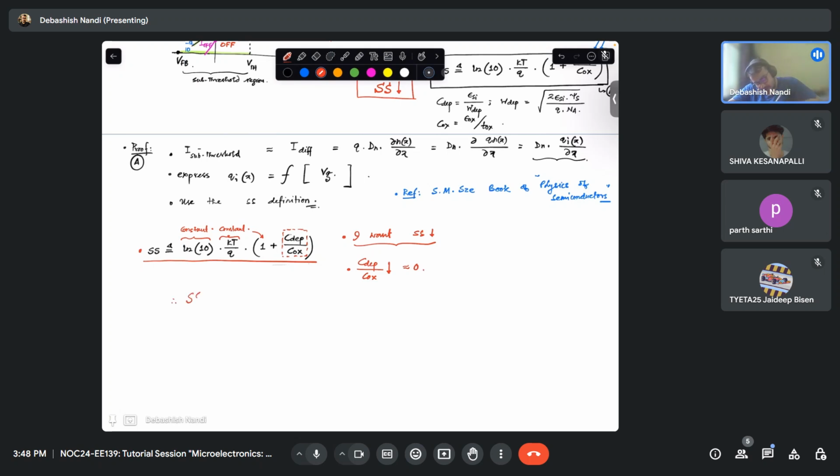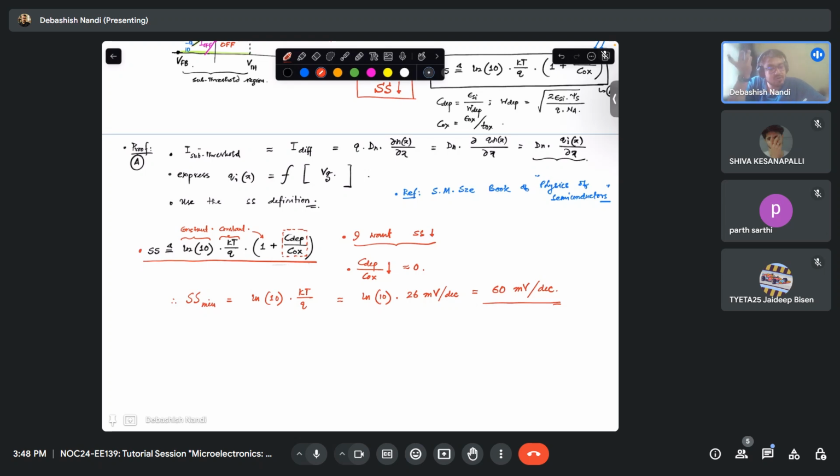So what is your SS minimum? SS minimum is natural log of 10 times kT over q. So that is natural log of 10 times 26 millivolt per decade. If you do that, it will come out to be 60 millivolt per decade. Okay, so this is the minimum possible value of subthreshold swing.